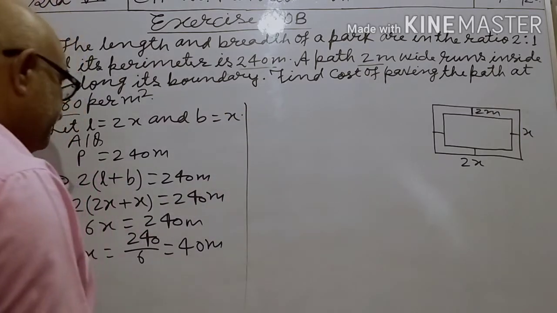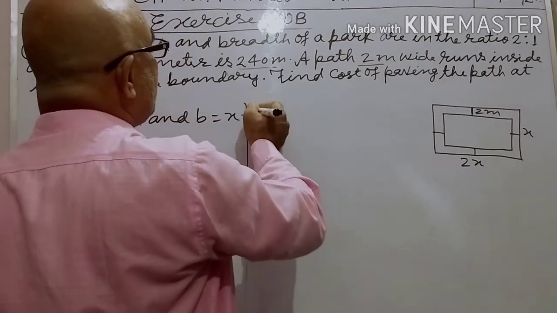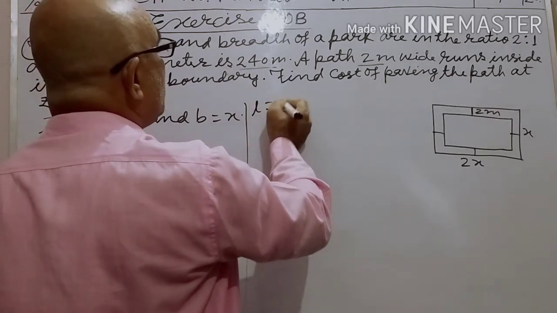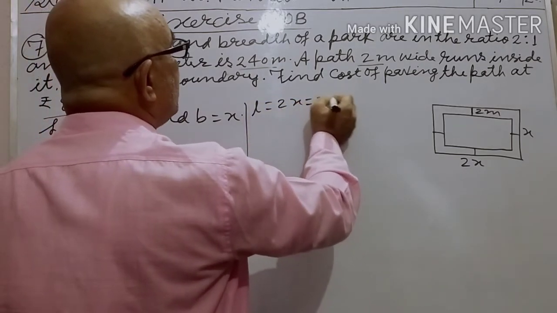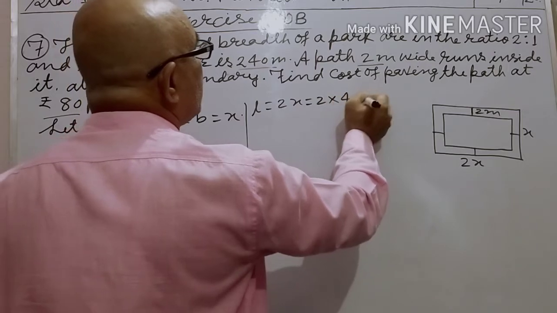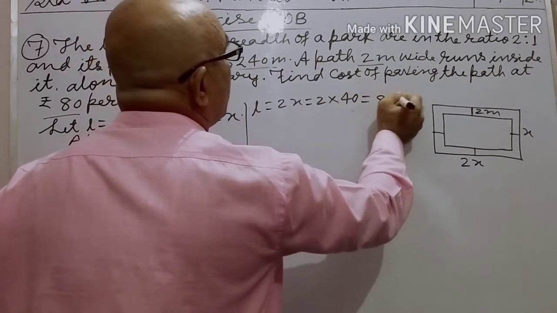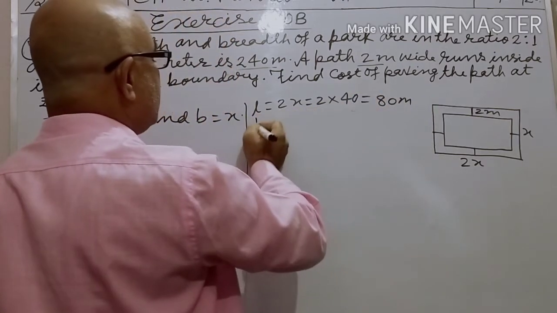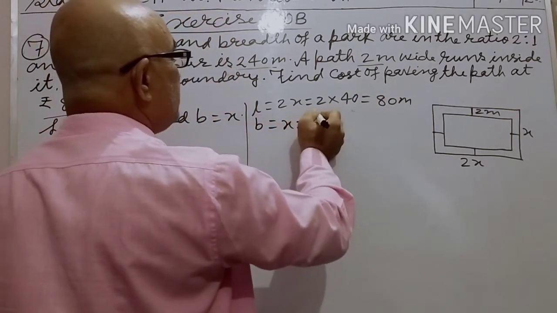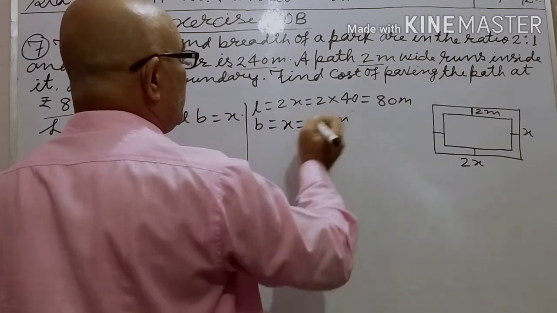Now find length equal to 2x, equal to 2 into 40, equal to 80 meter. Breadth equals x equals 40 meter.